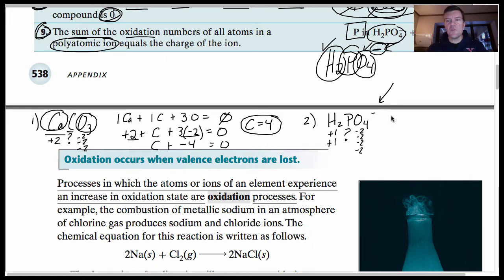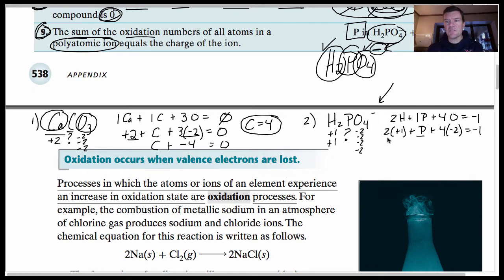So we've got 2 hydrogens, 1 phosphorus, and 4 oxygens all have to add up to -1. My 2 hydrogens are each +1. My phosphorus, I don't know. My oxygen is a -2. I just solve this for the phosphorus oxidation number.